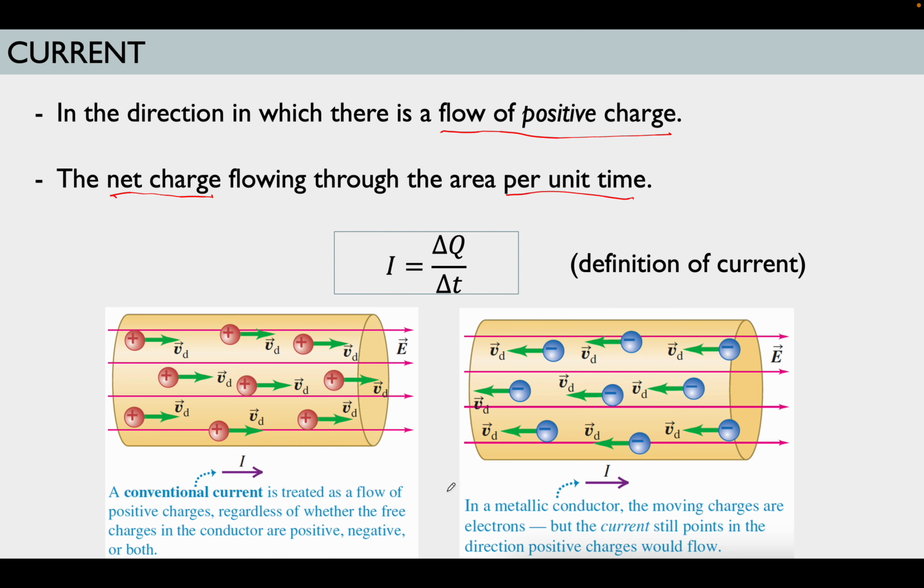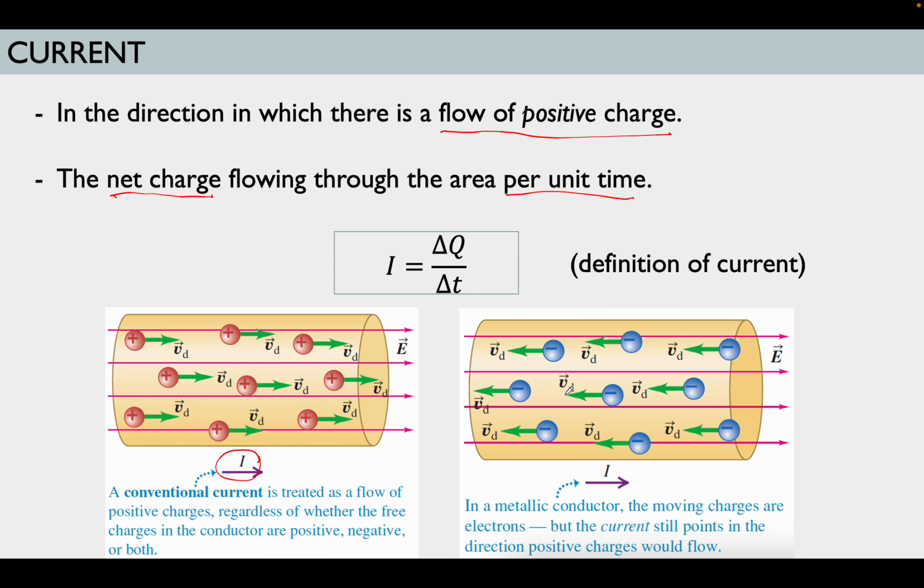So we have these two figures. The first one, notice that in this first figure, there is a bunch of positive charges. So notice that the current is in the same direction in which there is a flow of positive charges. Now, on this second figure, notice that it is full of negative charges.